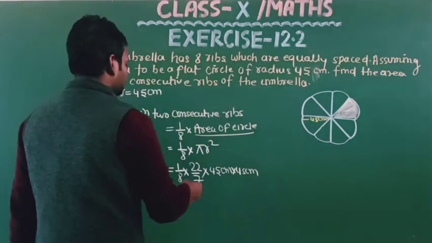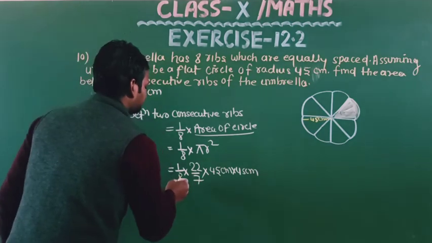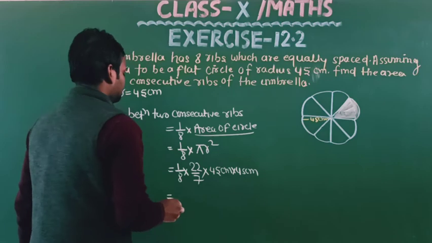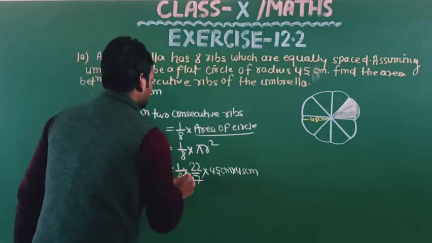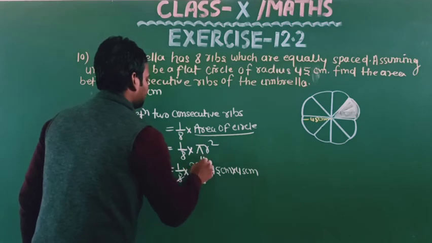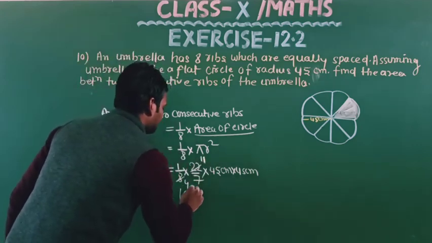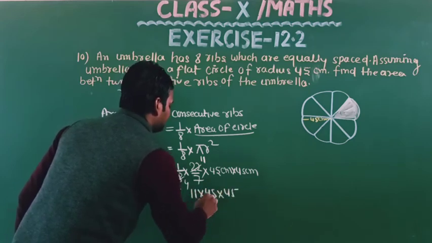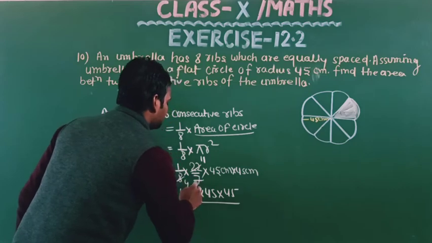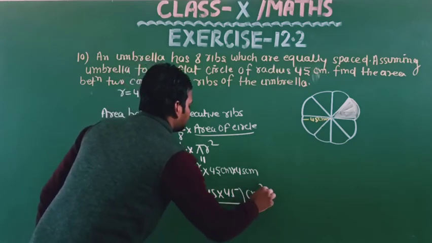And now simplify. So this is 2 4 8 and 11, and the remaining are 11 into 45 into 45 divided by 7 into 4, which is 28 centimeter square.